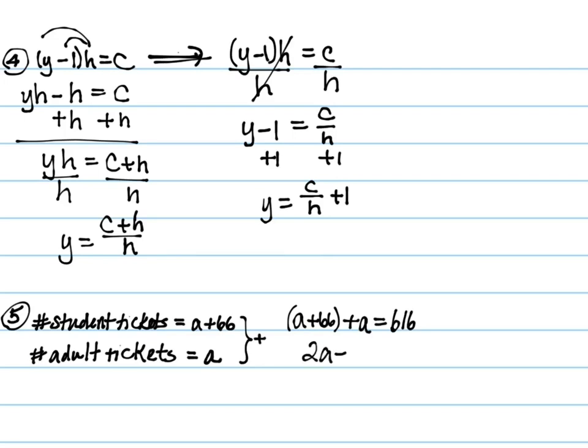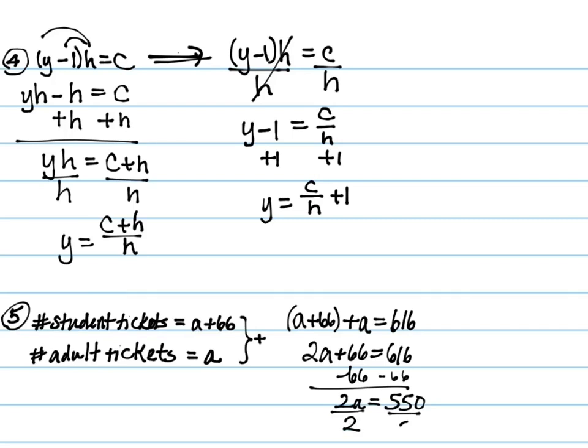So this is 2A plus 66 equals 616. I subtract my 66. So what is 616 minus 66? I think it's 550. Yeah?